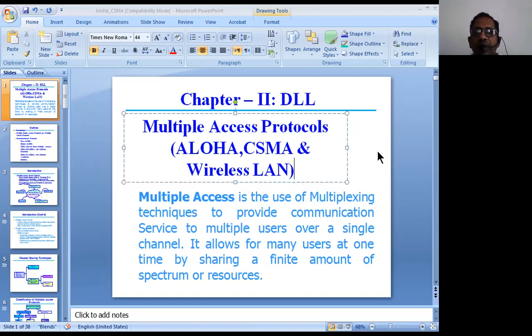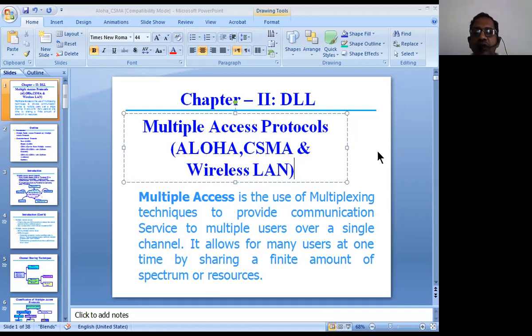This is a very popular technique, because in data communications we really cannot lay a number of lines equal to the number of users of the network. So we compulsorily have to share this single resource or single medium of communication to multiple users.